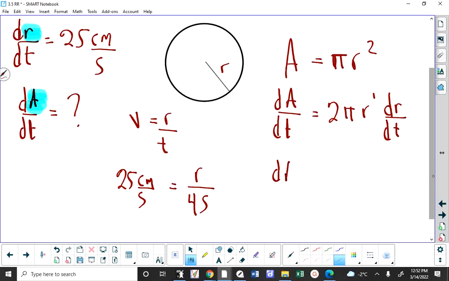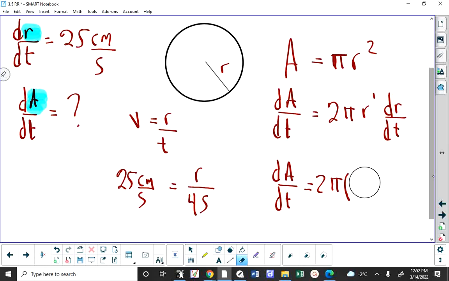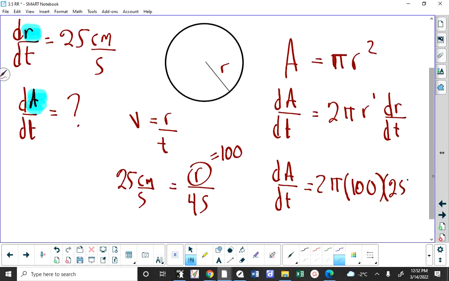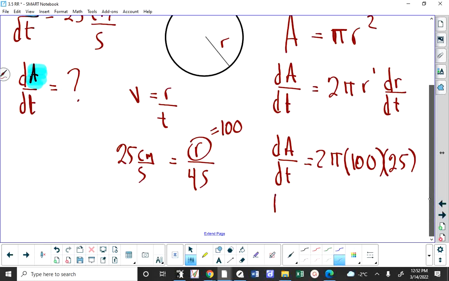So my dA dt, which I'm trying to find, will be 2 times pi times 25 times 100. I guess I'll put them in the order that they appear in the equation. R is 100. And then dr dt is 25, so we can multiply that all out.